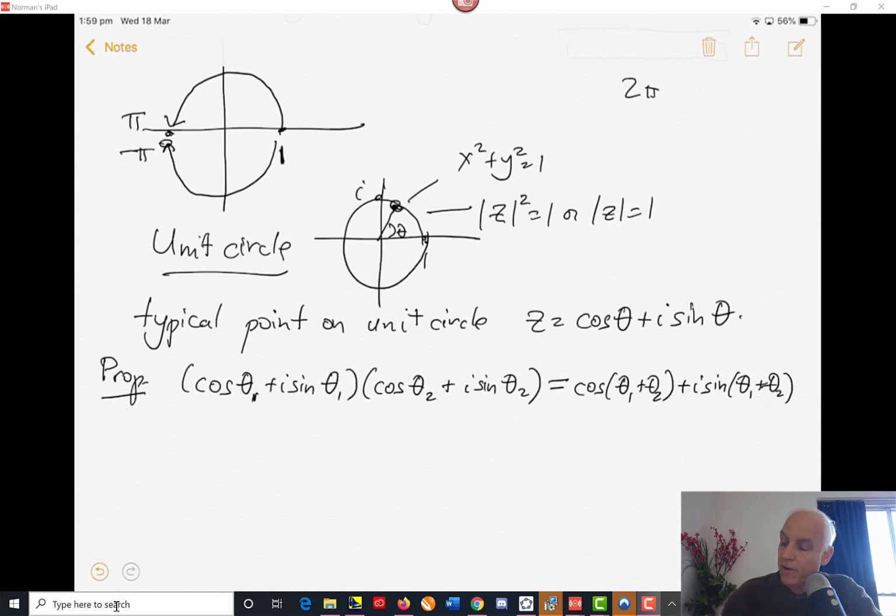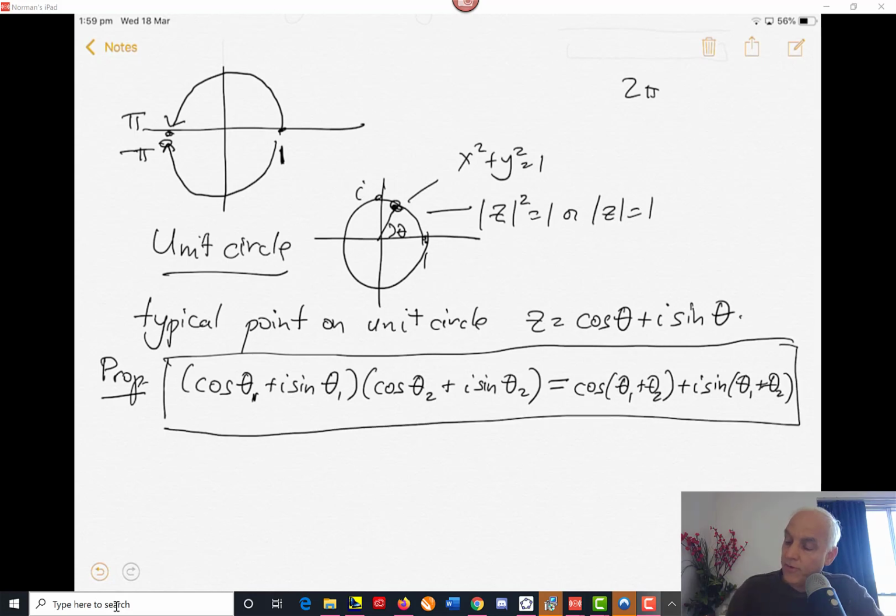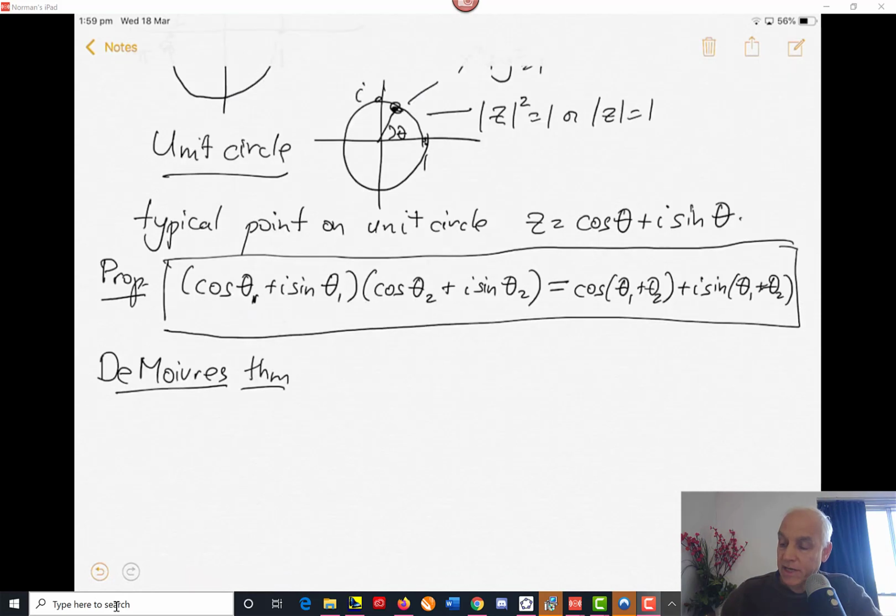So that's a very important formula, and has, first of all, a nice consequence. That's usually called de Moivre's theorem. That tells us something about powers of such a point on the unit circle.